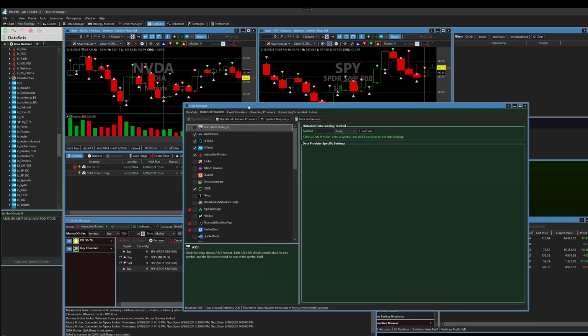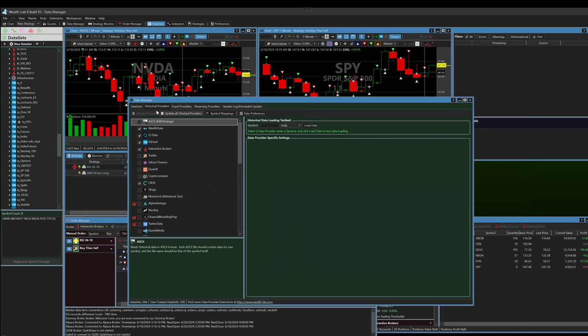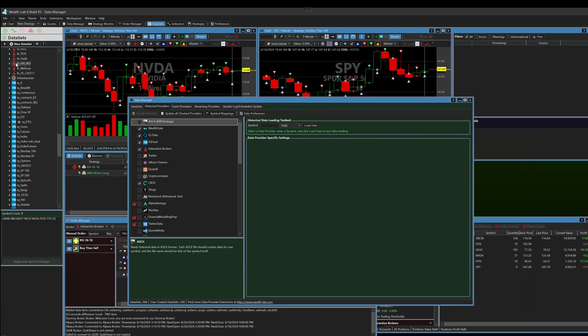But in WealthLab, when you're requesting data from the historical providers, unless you're requesting it from a linked data set, like these over here on the left side, where I have all these IQFeed and IB Interactive Brokers data sets, those are linked to those providers.